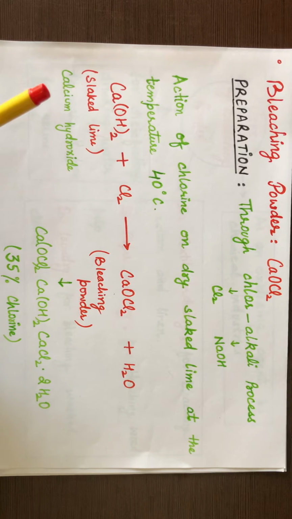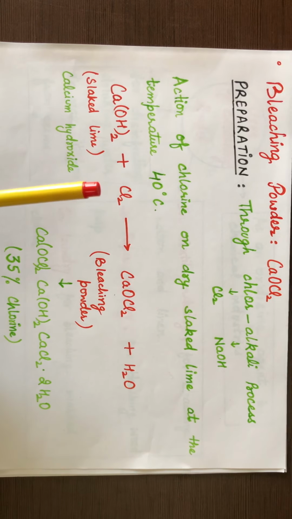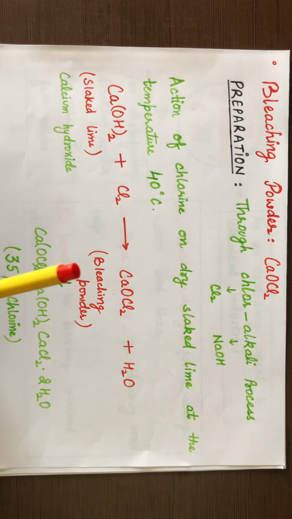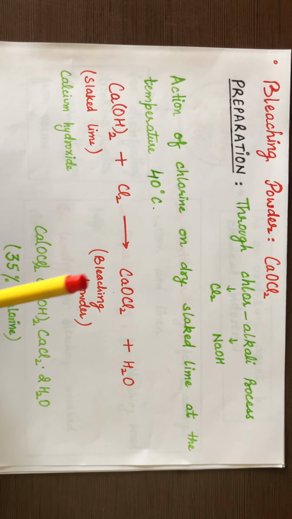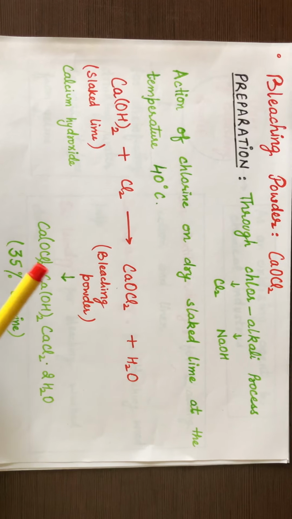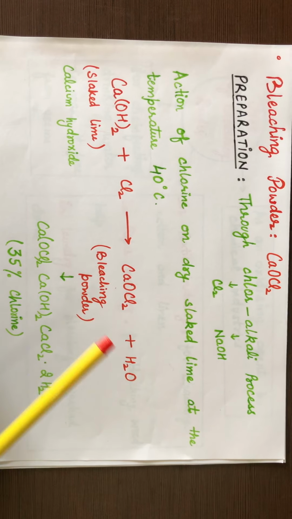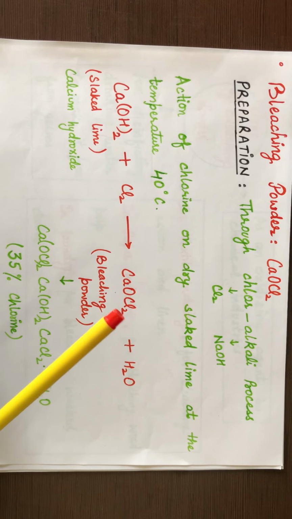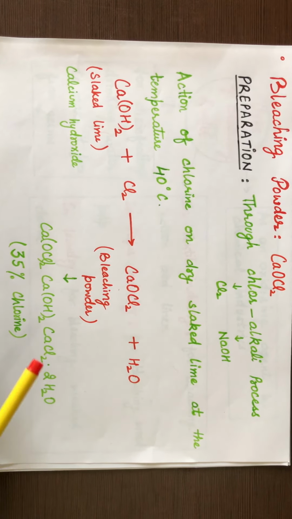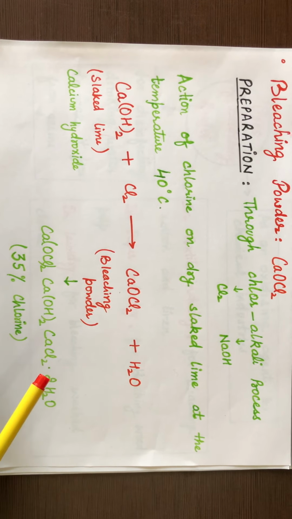Slaked lime is calcium hydroxide, and when chlorine reacts with this slaked lime, we obtain bleaching powder, meaning calcium hypochlorite with water. But this is not the exact formula of bleaching powder, CaOCl2; it is a mixture and it can be written as this.